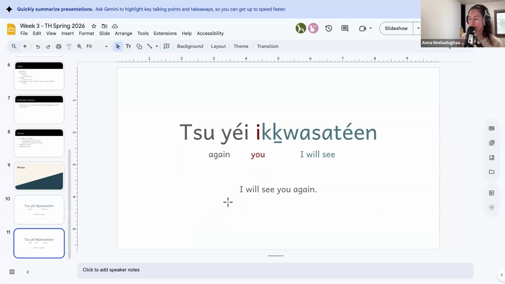Not to get too deep into it, but you can tell from our translations that tsuye is again, ik is you, and kwa satine, I will see. It's a different word order than what we use in English. You don't have to memorize it, but make a mental note that when you say things in Tlingit, you might be saying them in a different order from English.